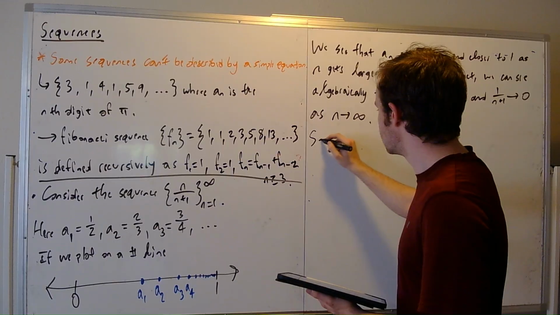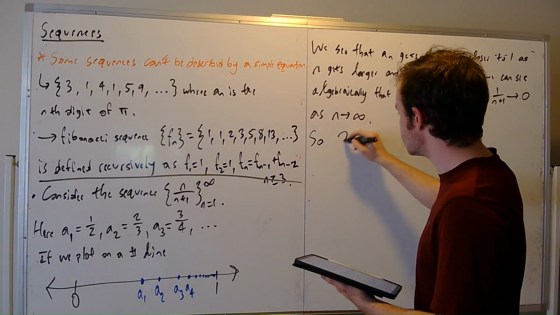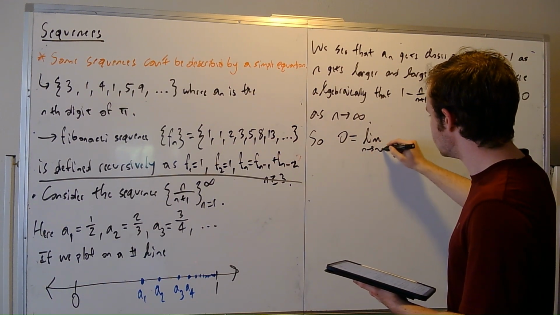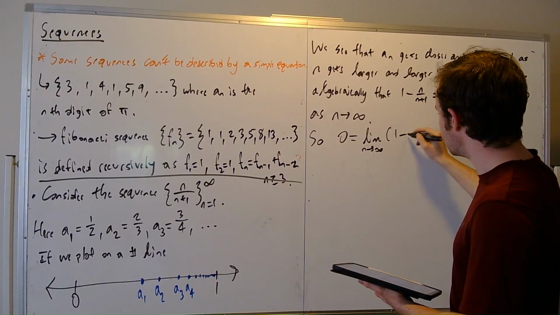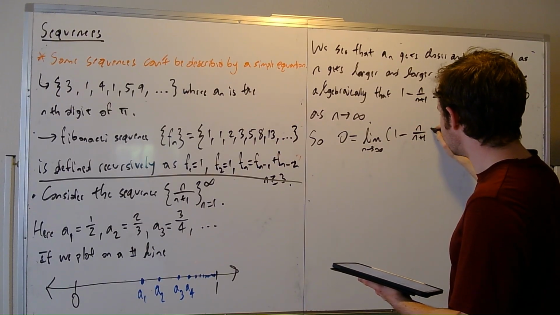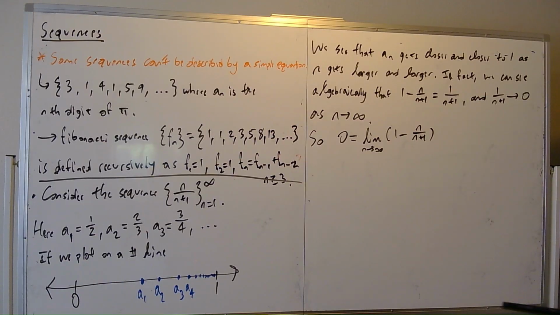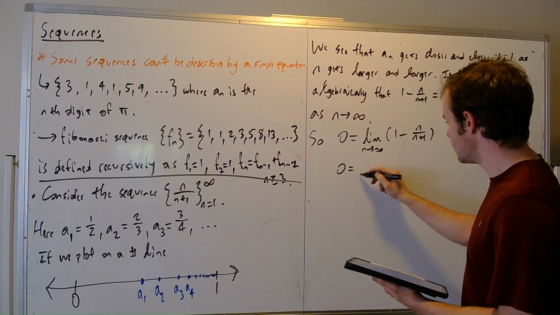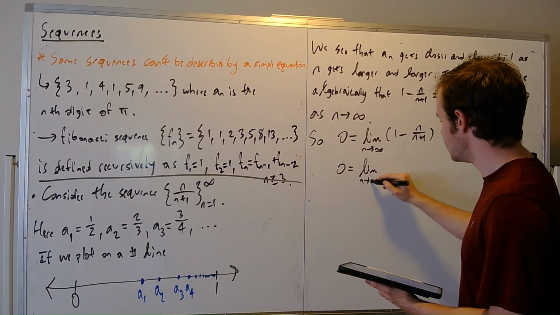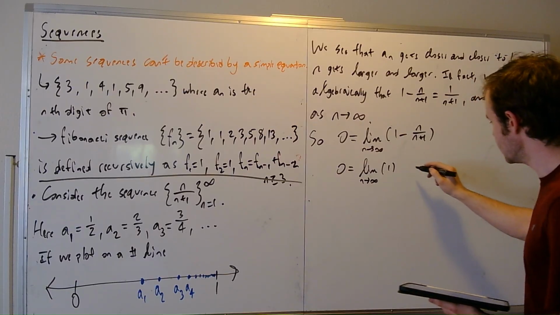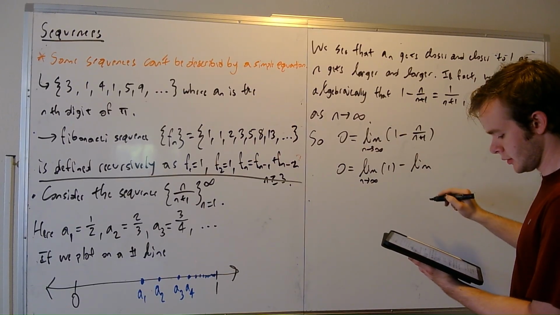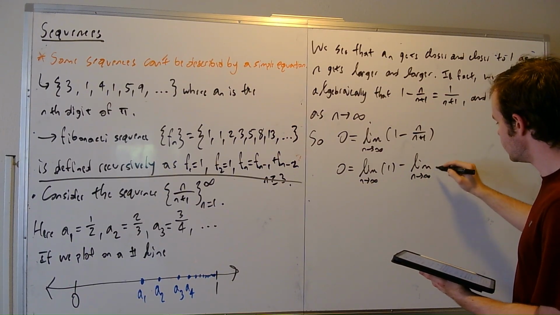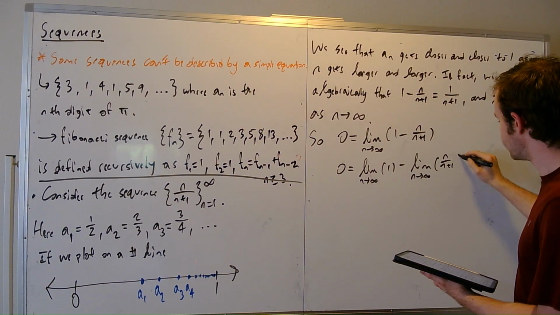So writing in math what I said there, 0 equals the limit as n goes to infinity of 1 minus n over n plus 1. So that's what I said there. And if you break that up, 0 is the limit as n goes to infinity of 1 minus the limit as n goes to infinity of n over n plus 1.